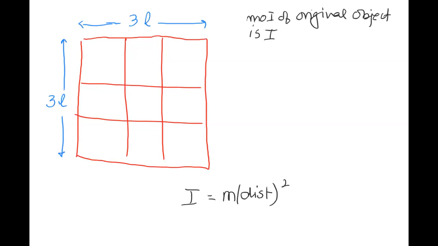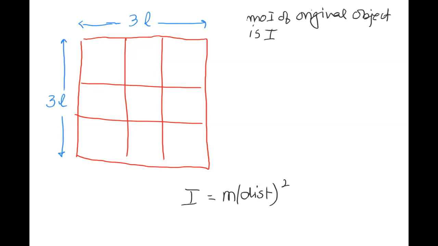Because if I increase by a factor of 3, what happens? If I increase the size of the original object by a factor of 3, what happens? हाँ, इसका मतलब क्या हुआ निश? What does this mean?